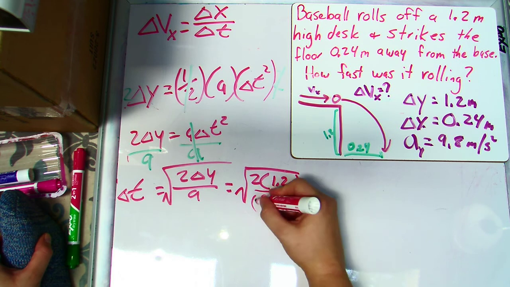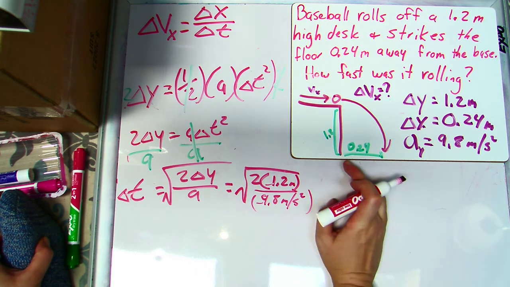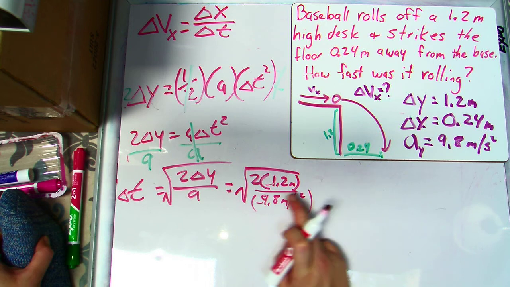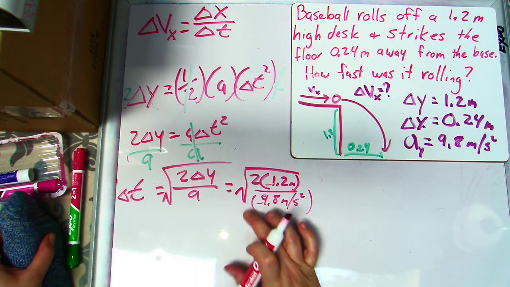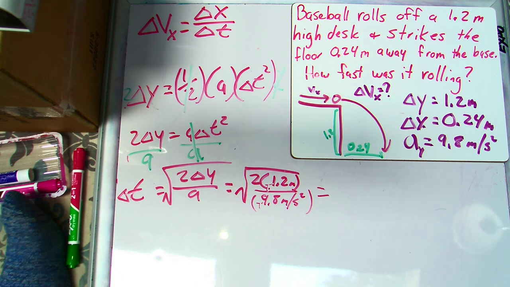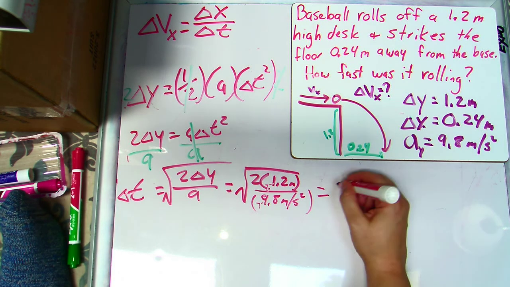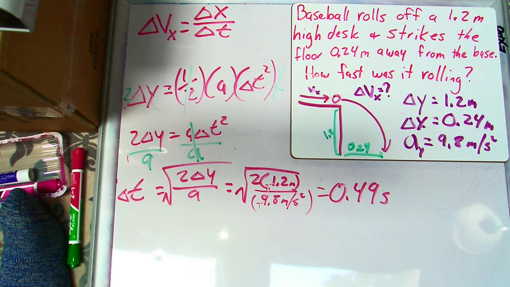Because technically it'd be negative for both of those, because it moved downwards. So its displacement was in the downward direction, which is negative, and the acceleration is in the downward direction, which is negative. Both of those would cancel out. Check that action out. All right, so we go through, we do that, we solve it, we get 0.49 seconds. Well, now we have a time.